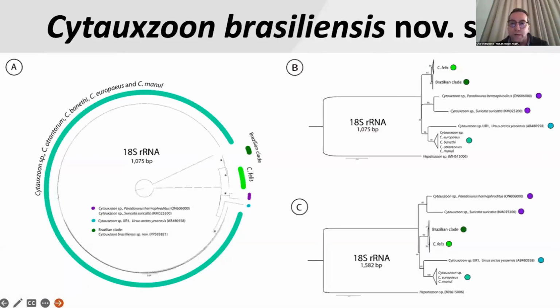Regarding the phylogenetic tree, you can see here that based on the near complete 18S rRNA, we have the clades of Cytauxzoon felis and the Brazilian clade, which comprises Cytauxzoon brasiliensis.